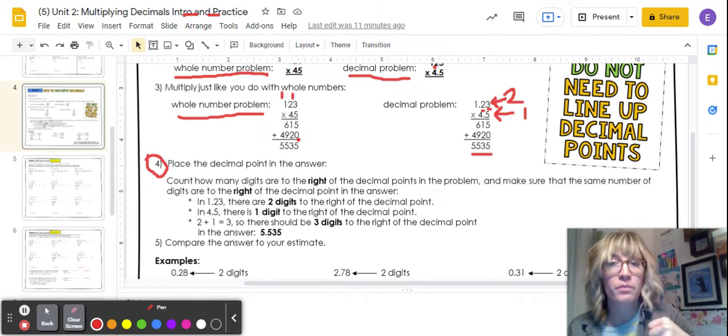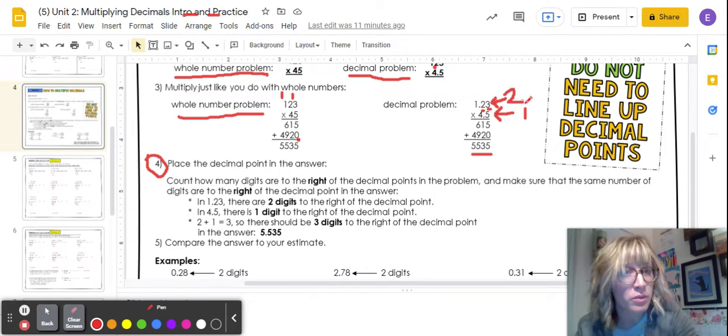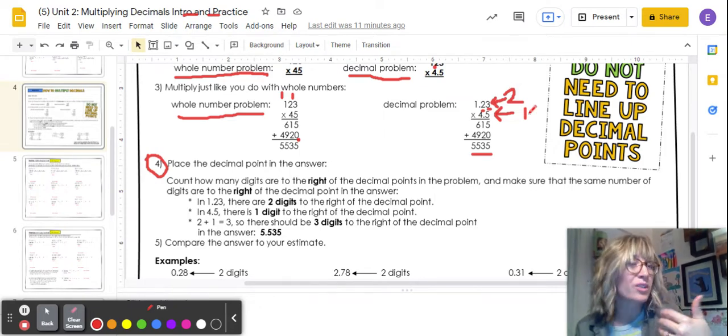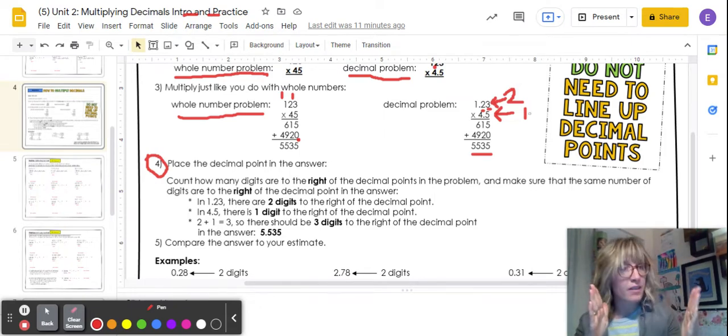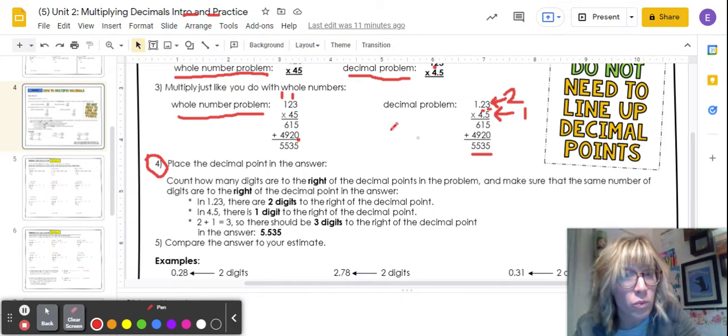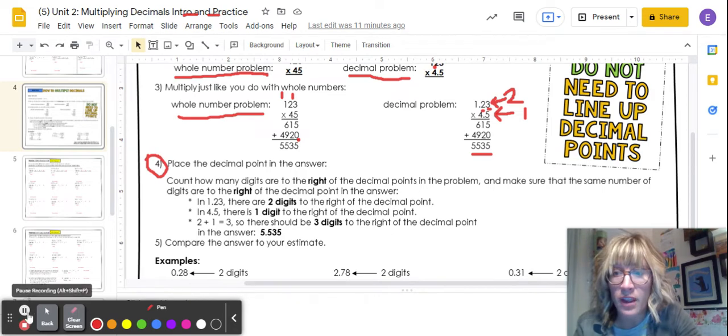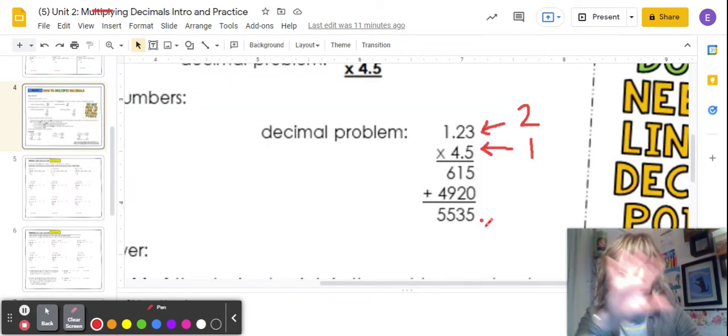So we have 2 plus 1, which is 3 total digits behind the decimals in the original problem. So I've zoomed in here. We have 3 total digits behind.